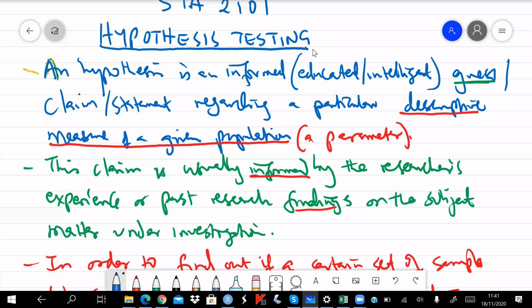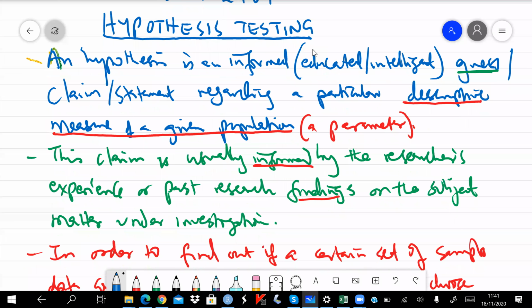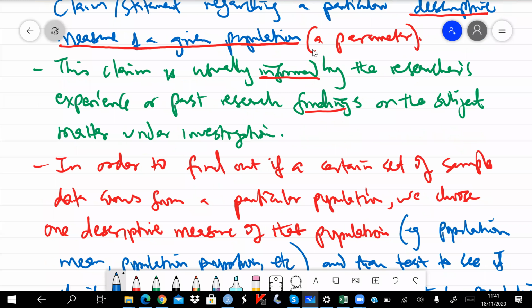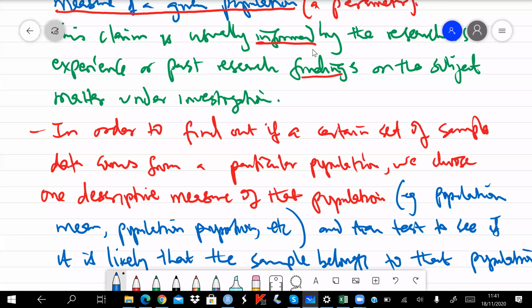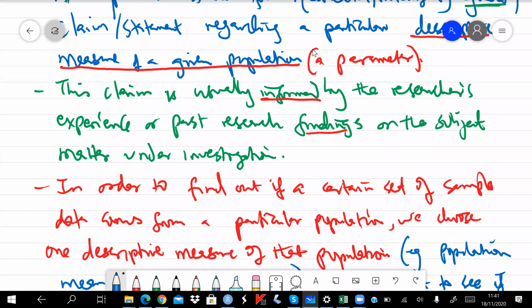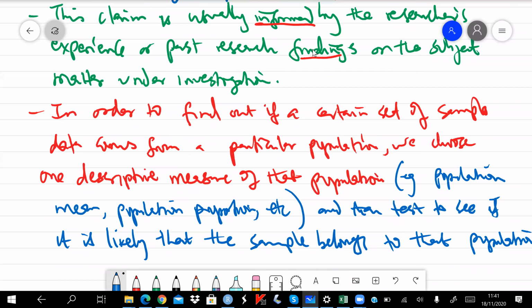So after you make the claim, after you define your hypothesis, it is good that you check whether that claim is consistent with available sample data. So you'll be computing the corresponding descriptive measure from that sample, and then you compare the sample value and the hypothetical value, that is the guessed value, and check whether they are actually consistent.